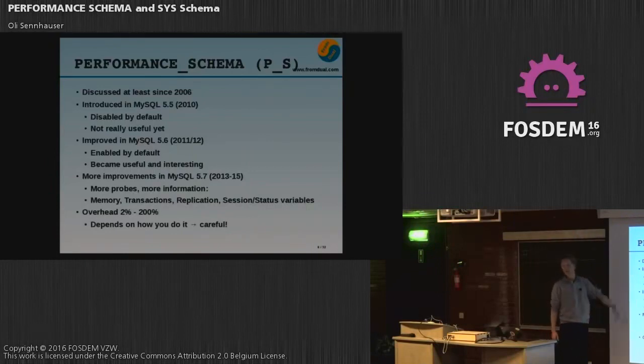Disabled by default, which had some reason, and it was not really useful because it provided more or less this information. Then in MySQL 5.6 it was significantly improved, so 2011, 2012, since then we have the performance schema. In MySQL 5.6 they enabled it by default, and now it really became useful and interesting.